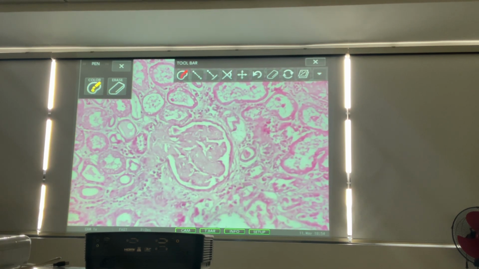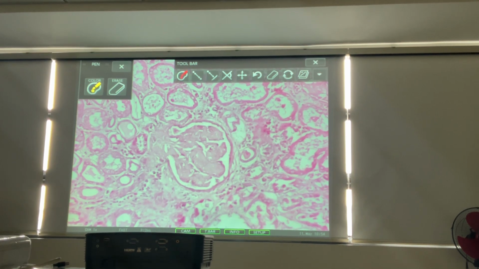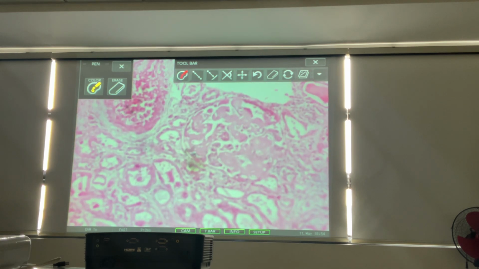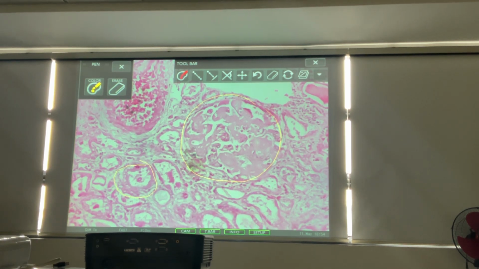Now, in amyloidosis, it's not only inside the glomerular structures, but also in the walls of the renal tubules, the walls of the blood vessels, as well as in the interstitium. Another, and you can see it here. This is a rounded renal tubular structure where streaks of amyloid bodies are deposited.